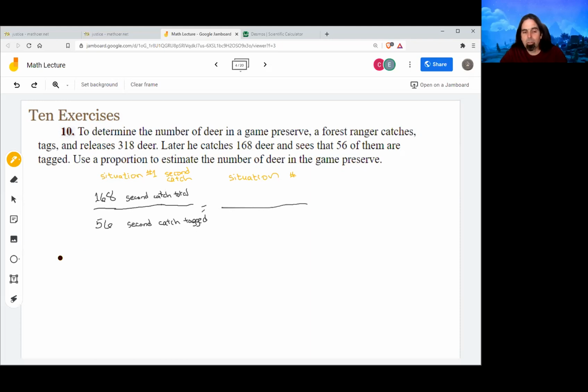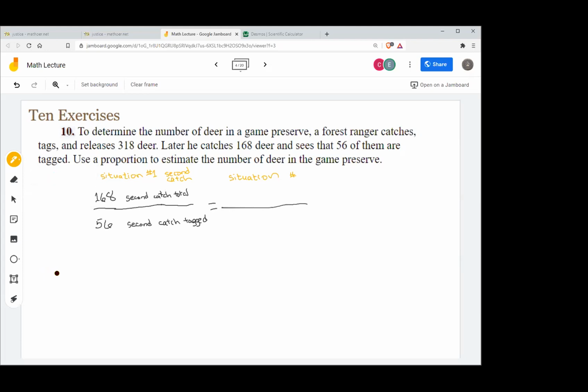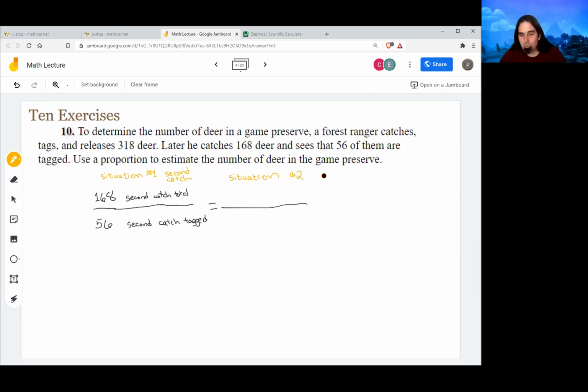What are we looking for? We need the number we're looking for on our proportion somewhere. The number of deer. The number of deer where? In total, the entire game preserve, right?